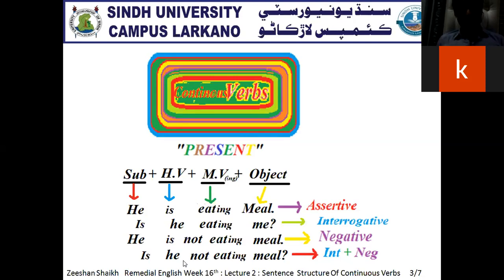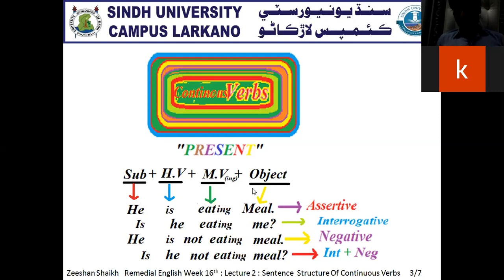At last, we have interrogative plus negative: is he not eating meal? In interrogative, the helping verb comes first, then the subject, then not, because we have to make it interrogative plus negative. So this is the complete formation of the present continuous.